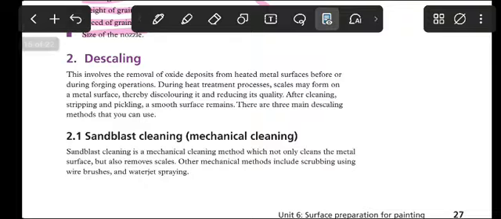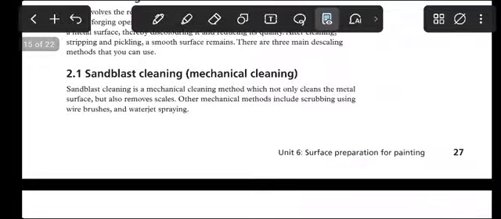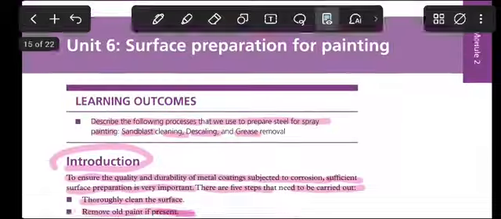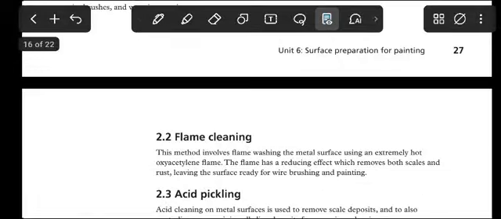We have descaling. Blasting cleaning, mechanical cleaning. We have that. You must know to name these types. They will tell you name these types. Must know them.